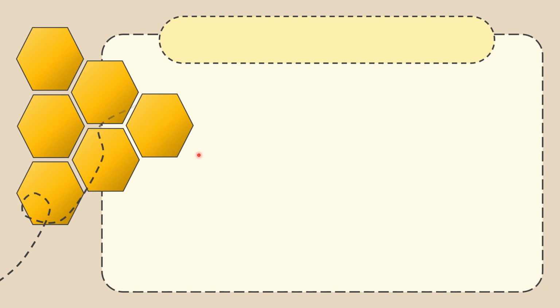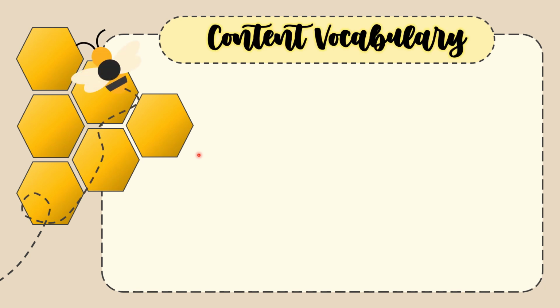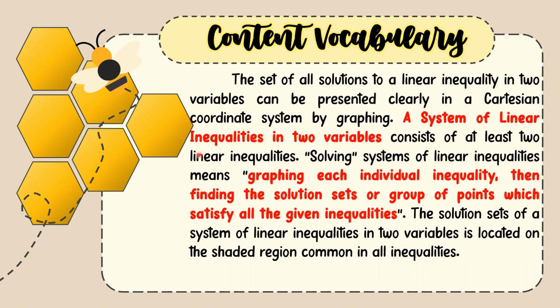Now let us discover the content vocabulary for this lesson. So the set of all solutions to a linear inequality in two variables can be presented clearly in a Cartesian coordinate system by graphing. A system of linear inequalities in two variables consists of at least two linear inequalities.